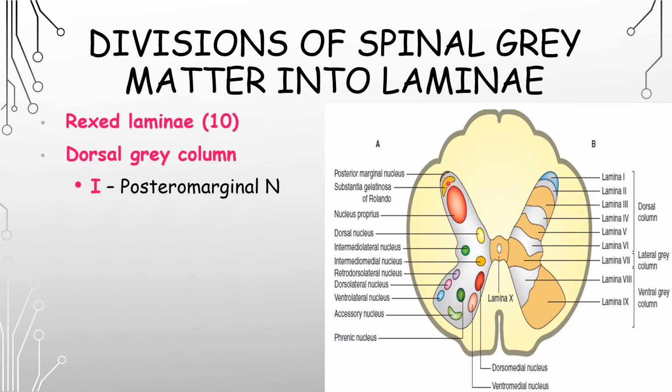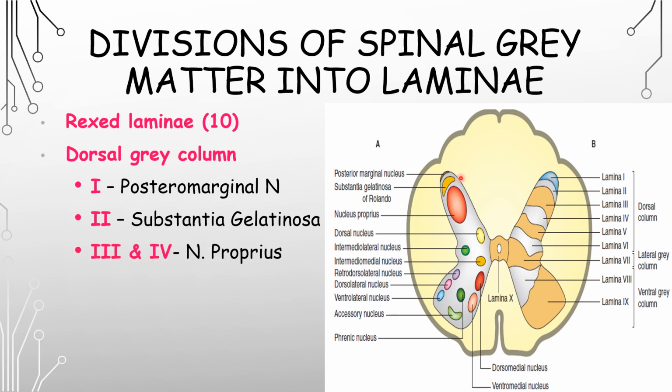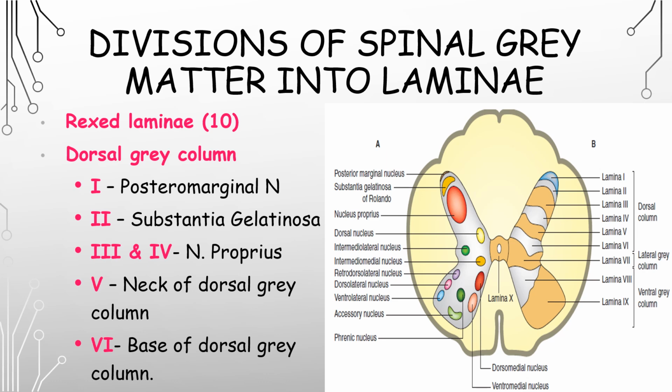Laminae 3 and 4 correspond to the nucleus proprius, lamina 5 corresponds to the neck of the dorsal gray column, and lamina 6 corresponds to the dorsal nucleus in the base of the dorsal gray column.